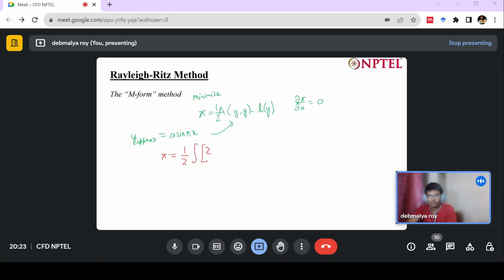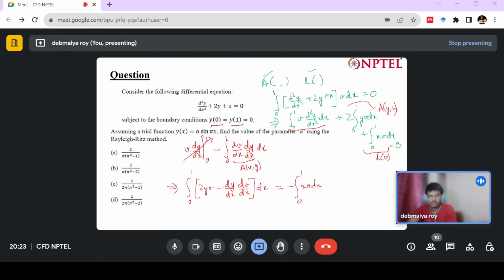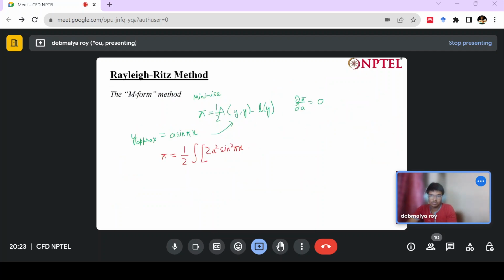2y square. So y approximate square. So this will be A square sine square pi x. And what it will be? Minus dy dx square. So minus dy dx square. So that will be A square. So what is dy dx here in this case?